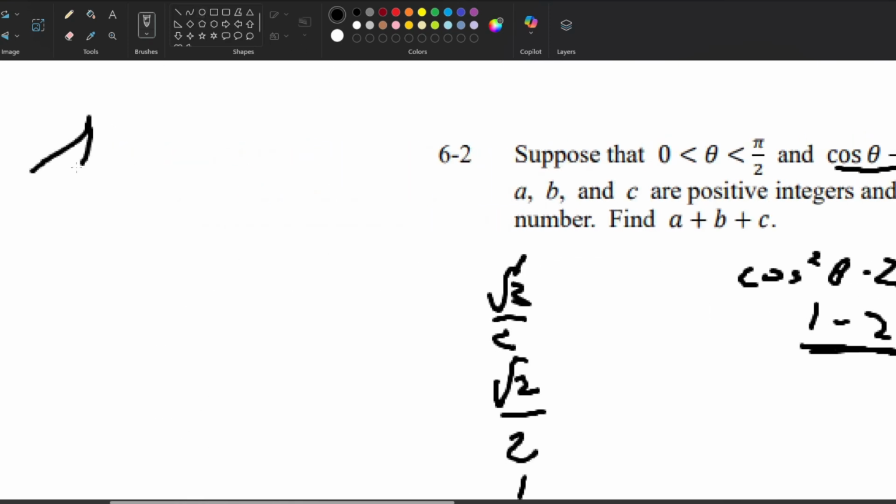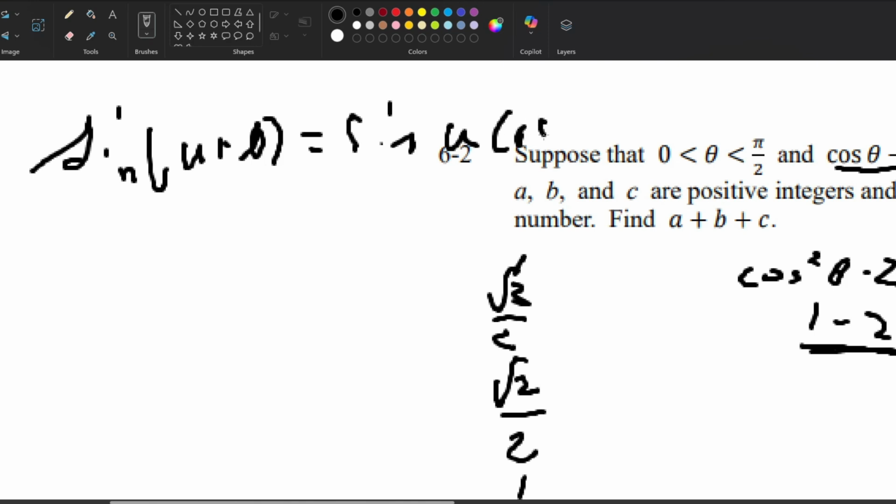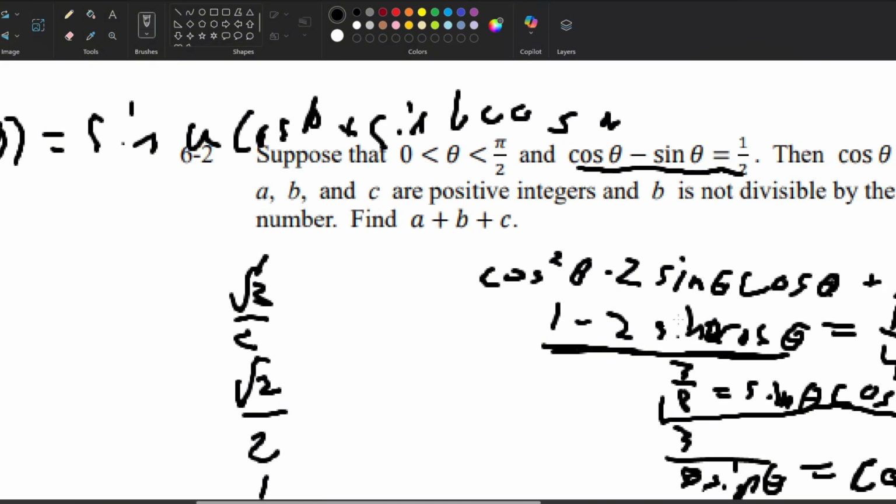So if I have sine of a plus b, it is equal to sine of A cosine of B plus sine of B cosine of A. Can I apply that here?